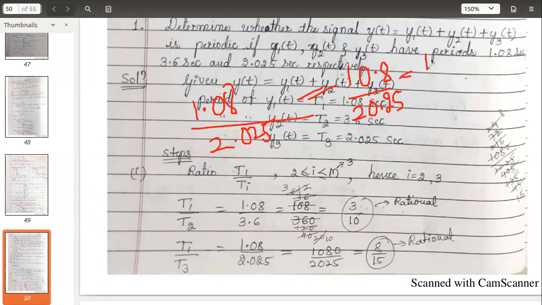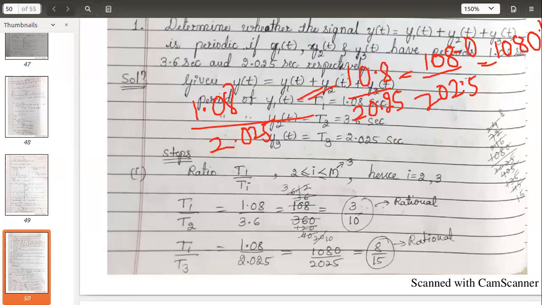Similarly I'll move one more time because I don't want the decimal point: 108 divided by 202.5. See, in the numerator I have removed the decimal point, it is like this 108.0, but the denominator still has it, so move one more. 108.0, move one more decimal point.